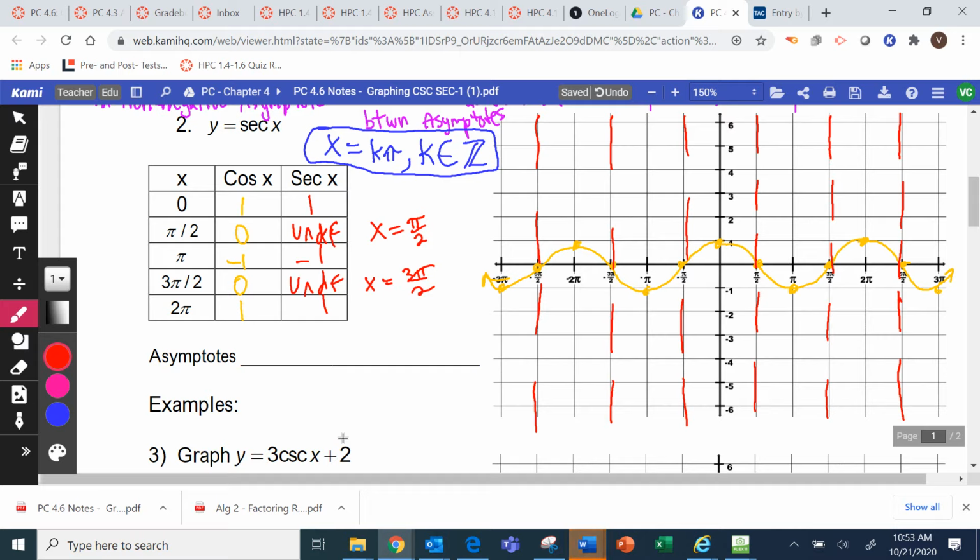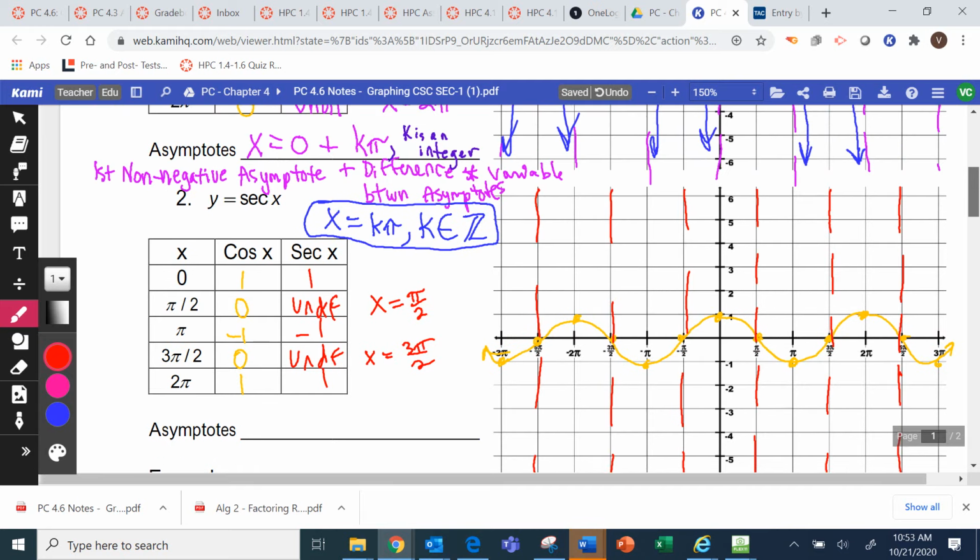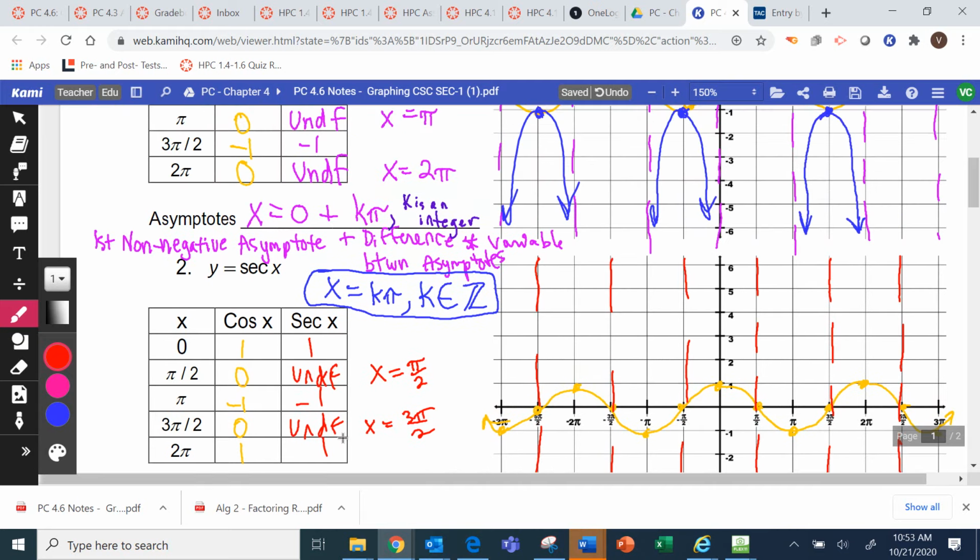You guys can compare the asymptotes for secant and cosecant. Are they in the same place? They're not in the same place. But other than them being shifted, everything else is basically the same.